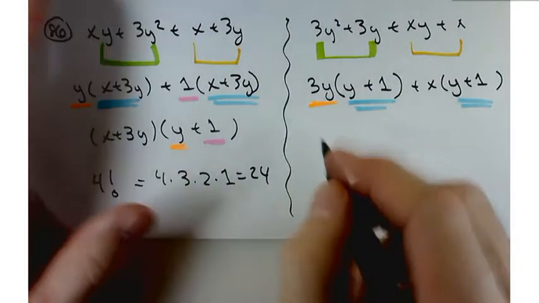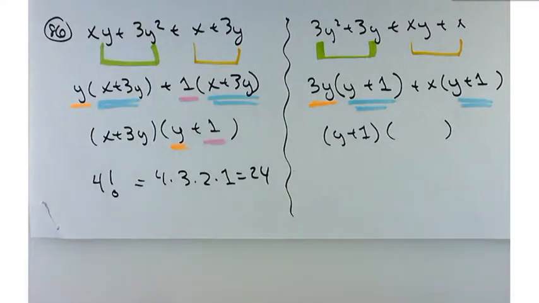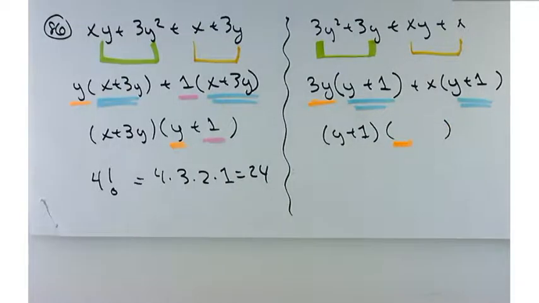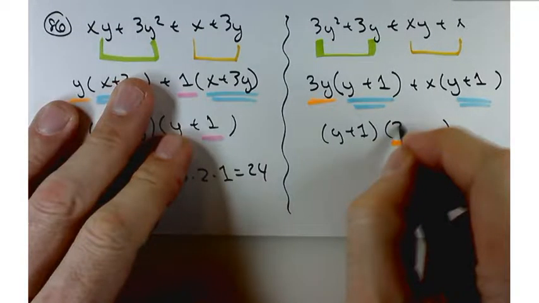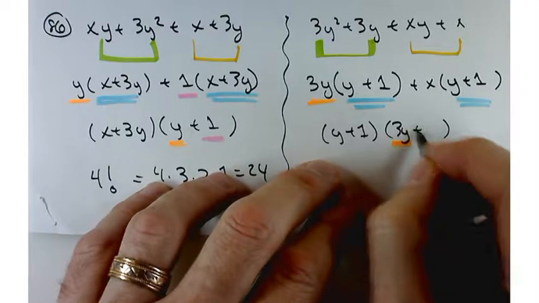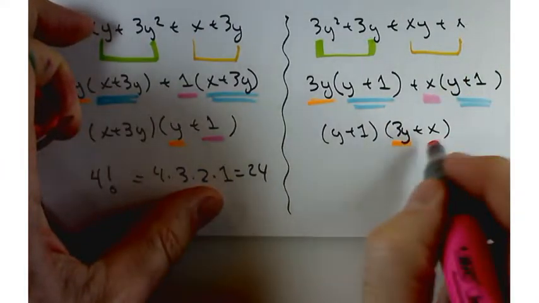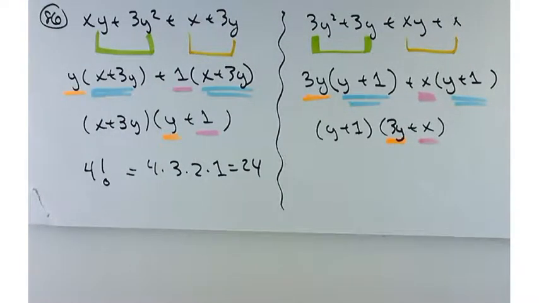If I factor out that GCF of y plus 1, what gets left behind? Good. 3y plus x. And the x is coming from right here.